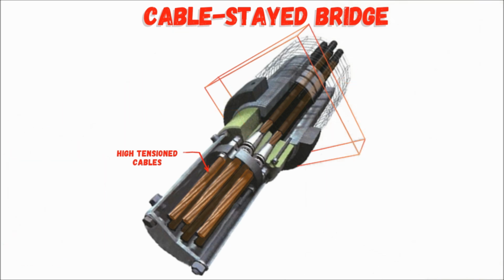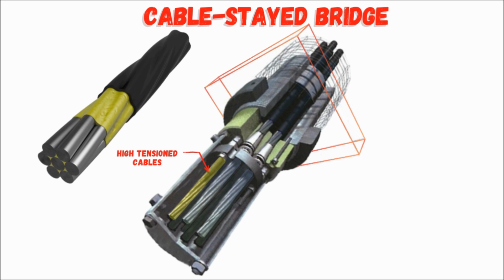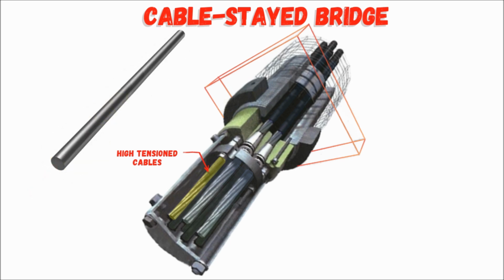The stay cables are composed of multiple parallel strands bundled together. Each strand is most commonly arranged in a 7-wire configuration with one central wire and 6 surrounding wires. These wires are high-strength, low-relaxation steel wires.